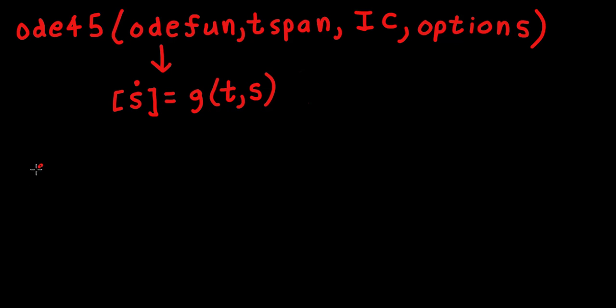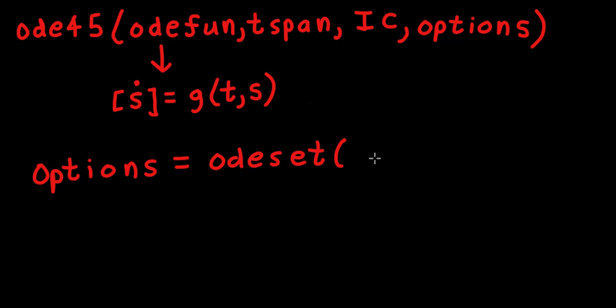In general, when you're using options with Matlab's ODE solver, you'll be specifying them with a function called ODE set. So you'll write something like options equals ODE set, and then you'll specify in these parentheses whatever you want to specify for the options. And then you'll put options into Matlab's ODE45, or whatever ODE solver that you're using.